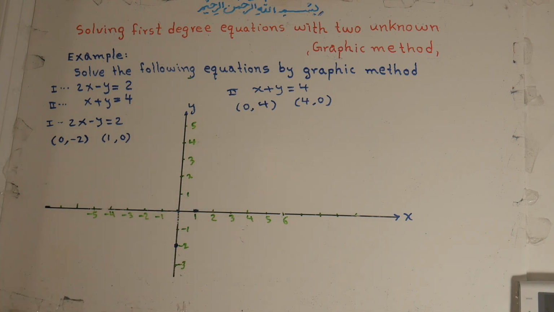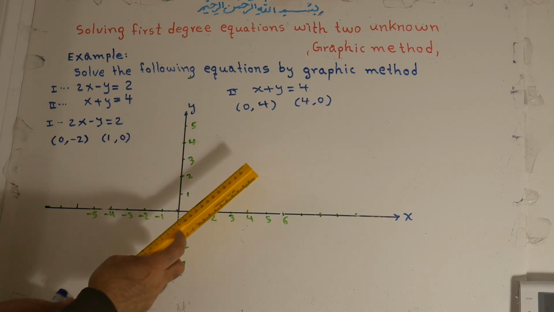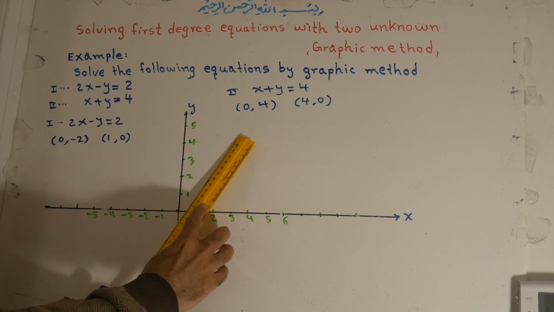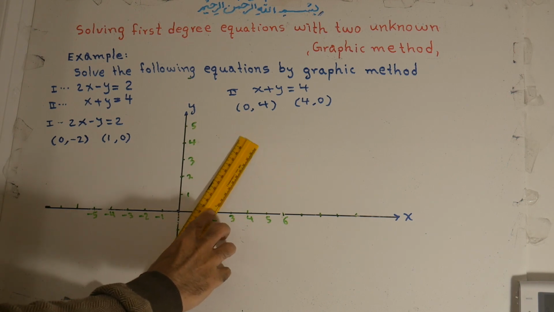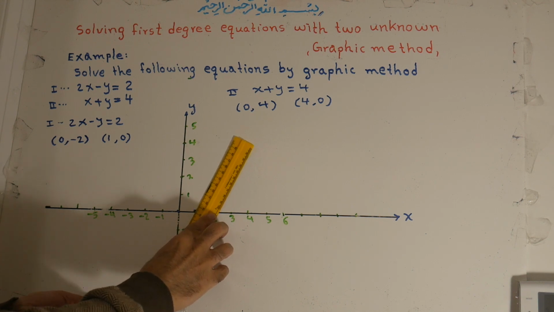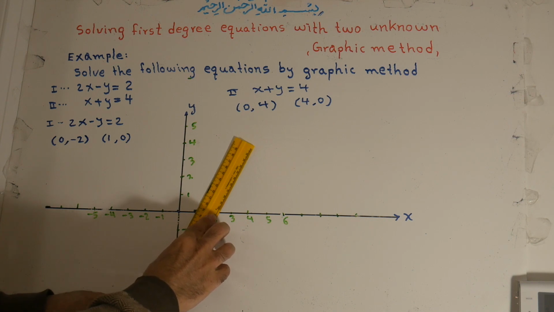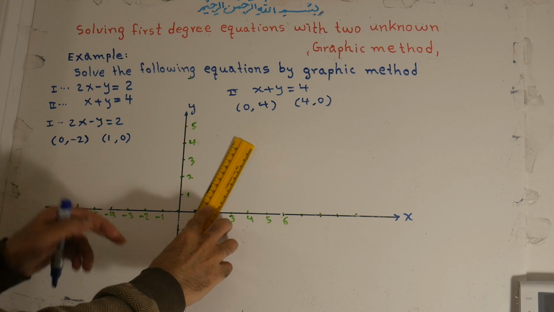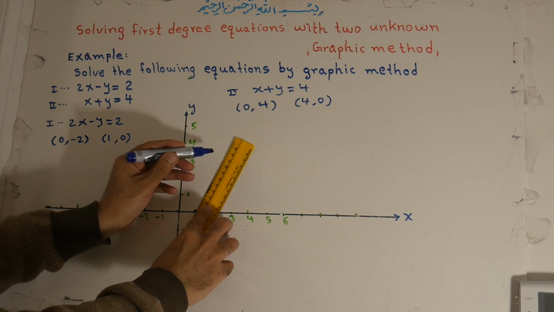These two points are the intersect points for x and y. It means that at these 2 points, the line cuts the x and y axes.